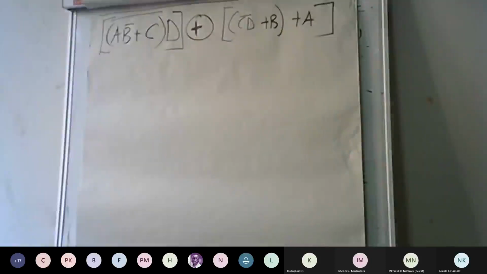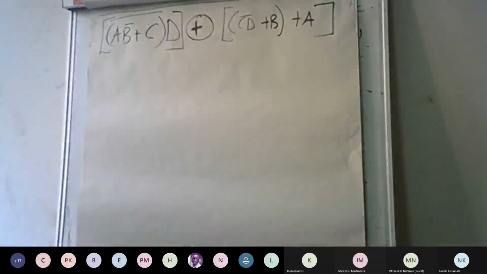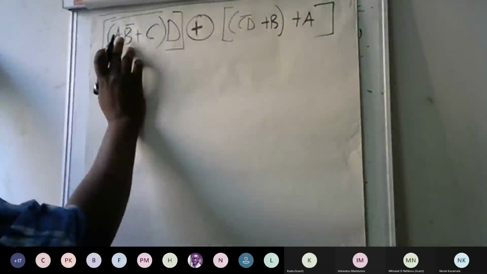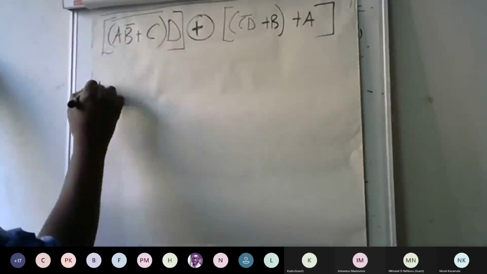So step by step. I'm going to draw this part. I join it together using the exclusive OR. Let me start to draw A and B complement, which means that it's an AND gate, but B is complemented.